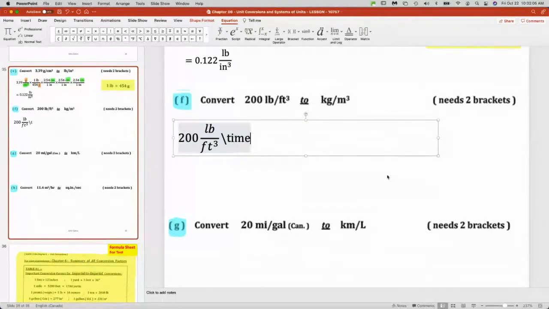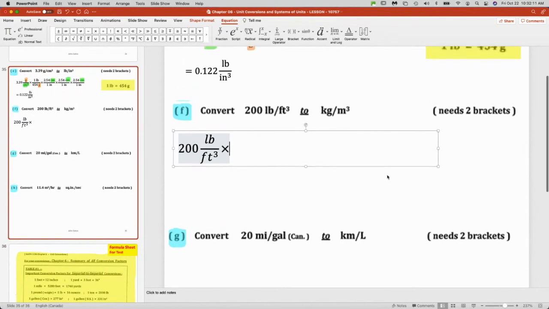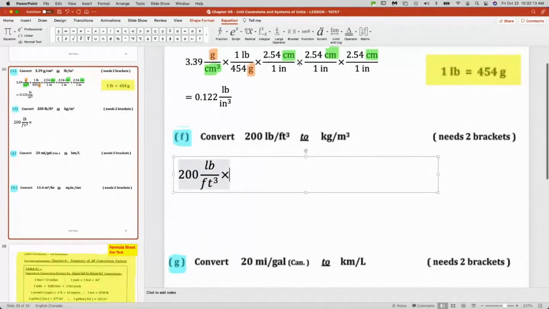So this time I'm going to do the conversion a little bit more compact, okay? For those people that don't want to see all those brackets and products, this is the shortest way you can probably write it, but still apply the strategy that I'm showing you. We want kilograms instead of pounds.